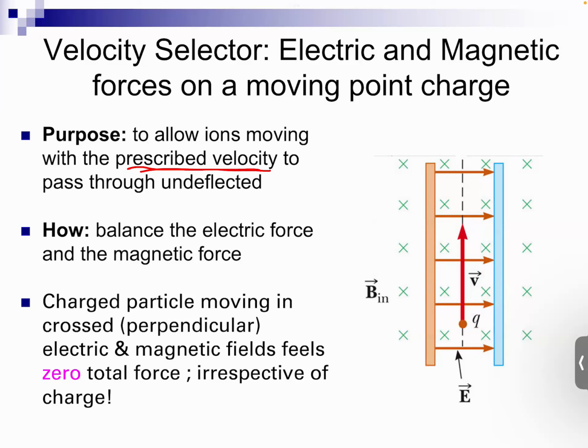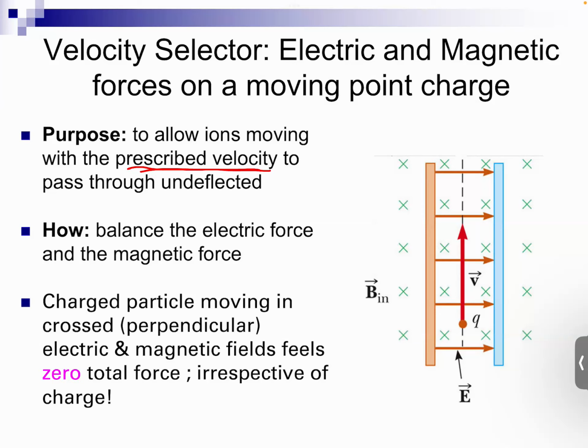So the goal is that the particle should pass straight through the velocity selector, undeflected, and then it reaches the uniform magnetic field region of the mass spectrometer. How do you do that?